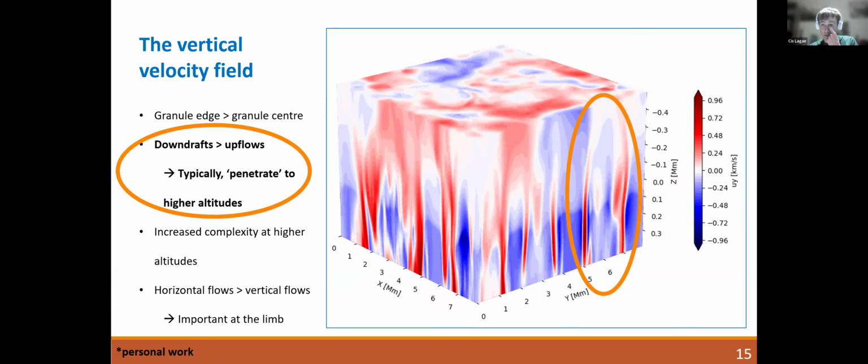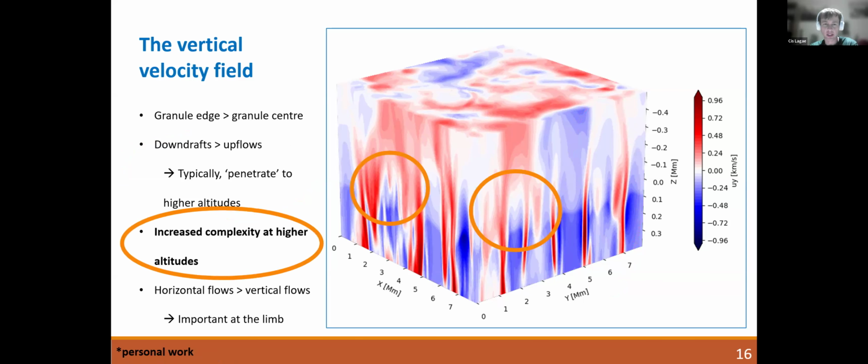Secondly, our downdrafts in red usually have a higher velocity than our updrafts, and they typically penetrate to higher altitudes. So lines that form higher up in the atmosphere are probably going to see something different than lines formed deeper down, closer to the surface.